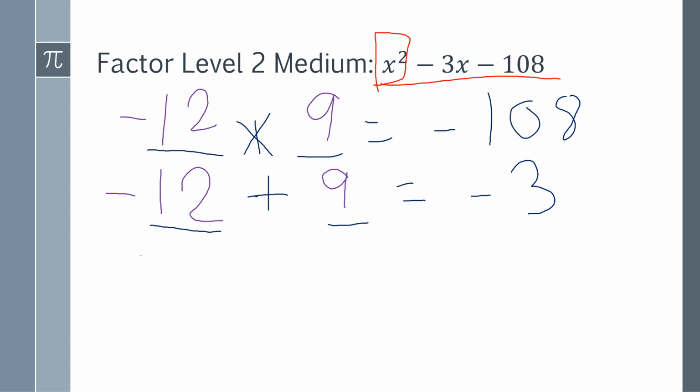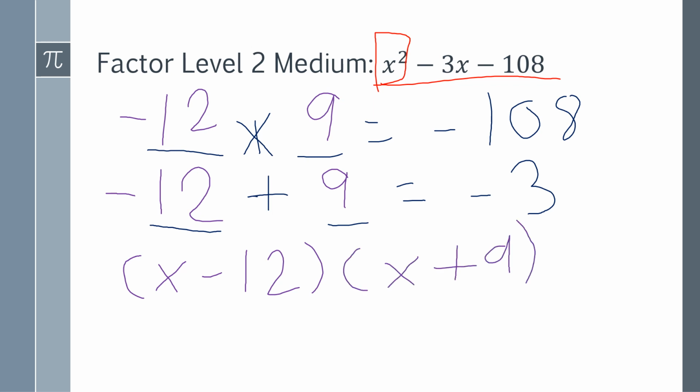So x minus 12, x plus 9. All right, just like that. Let me rewrite my 9 because I know some of you guys worry about my 9s. All right, so it looks exactly like that.